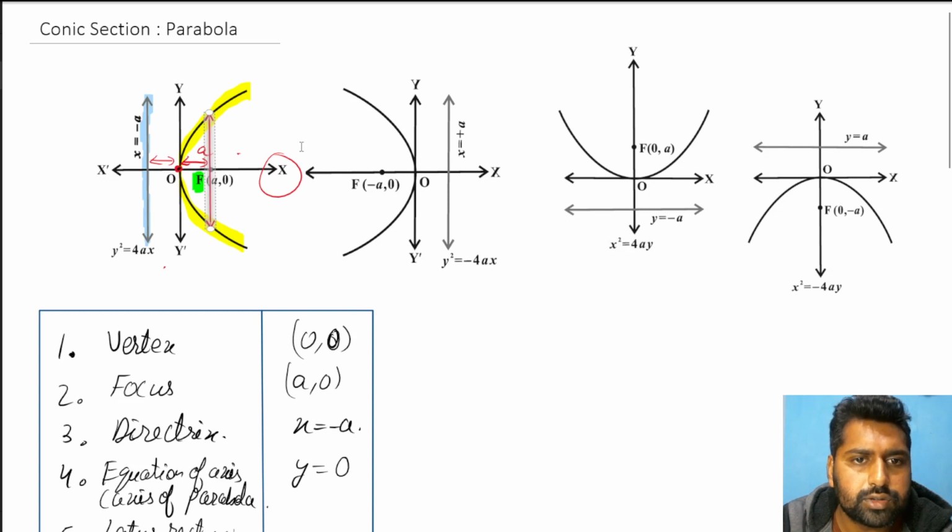I've highlighted that also with red. Let's highlight with green. You can see it in this green colored line.